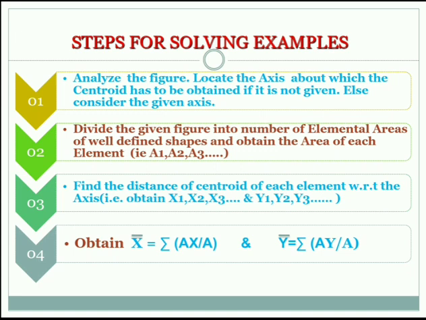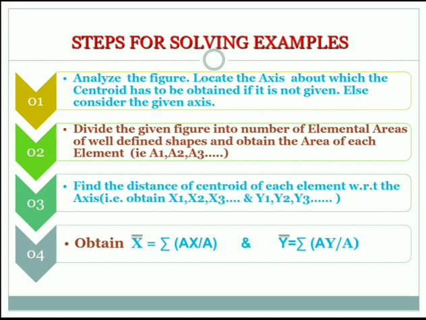Similarly, y bar is summation of Ay upon A, where summation of Ay is A1 y1 plus A2 y2 plus A3 y3 and so on, divided by capital A, the summation of all the elemental areas, that is A1 plus A2 plus A3 and so on.